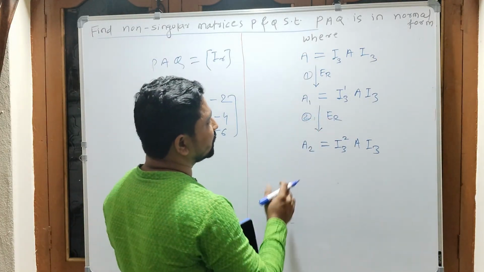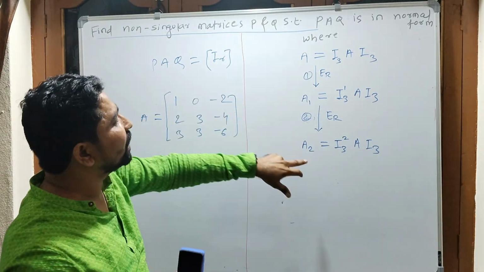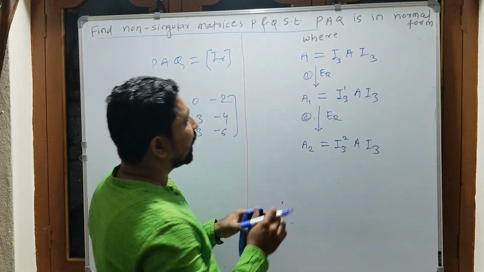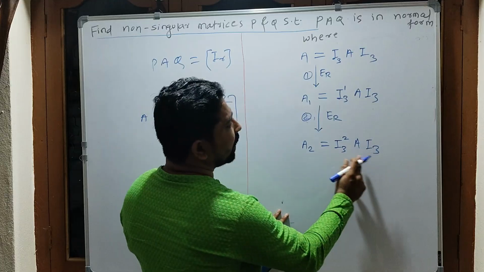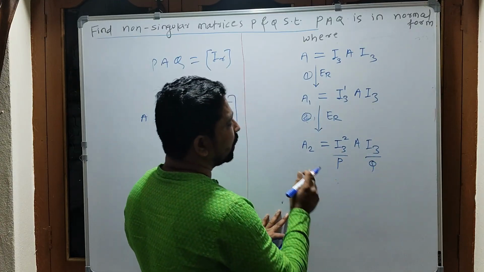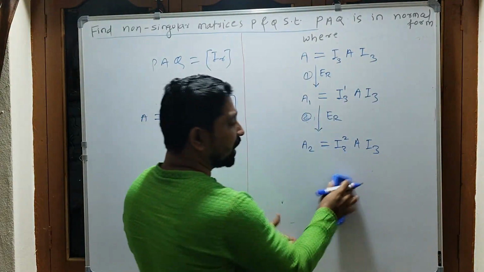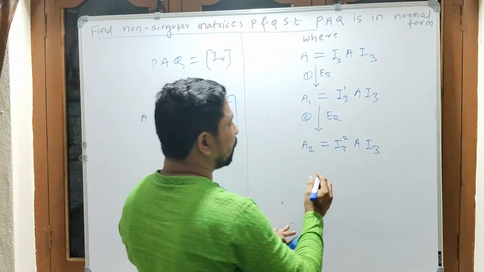Now at this stage, if this A2 is in the normal form, at that time this is my P and this is my Q. If A2 is not in the normal form, again we have to apply the elementary operations.